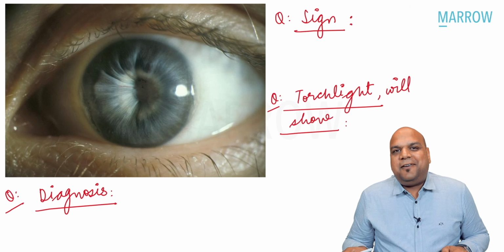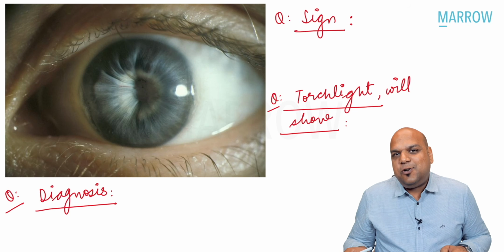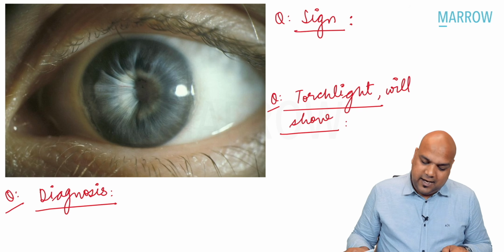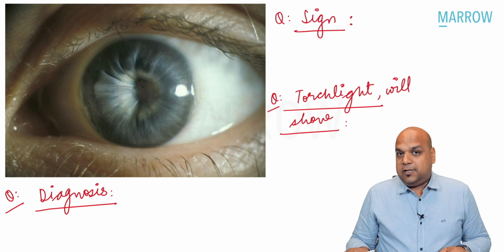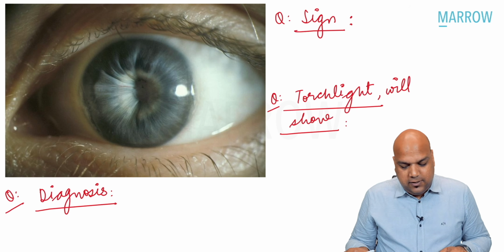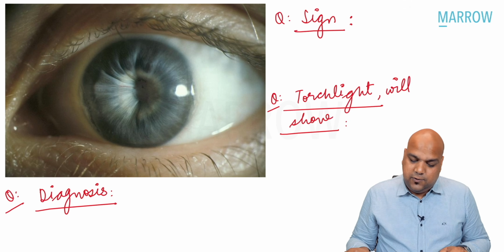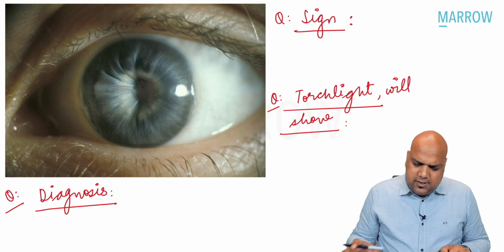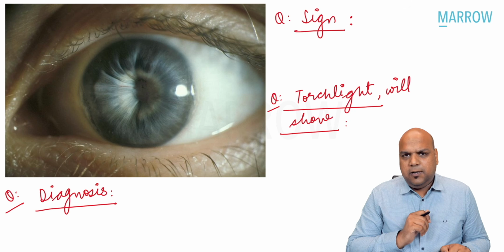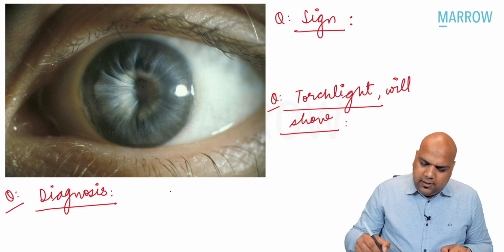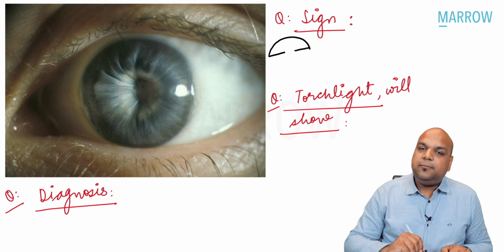Moving on to the next image after chalazion and the two wonderful images of the chalazion. What is the sign seen in this image? What is the diagnosis? And what will the torchlight show you? Seems like a difficult photograph, but it is a very easy photograph once you focus. What can you see? Some kind of abnormality, this too you can make out. What is the abnormality? If I can draw for you here in simple words, normally the iris is stretched flat.